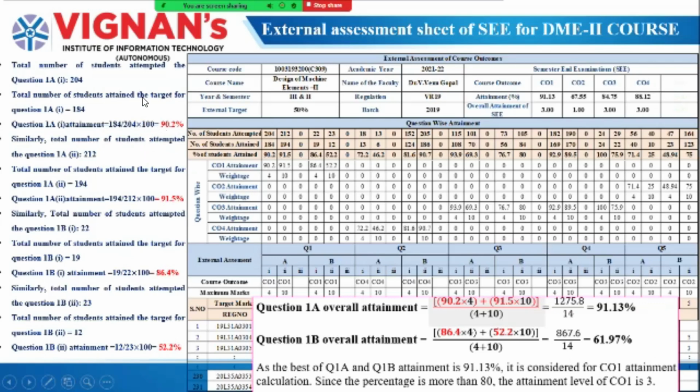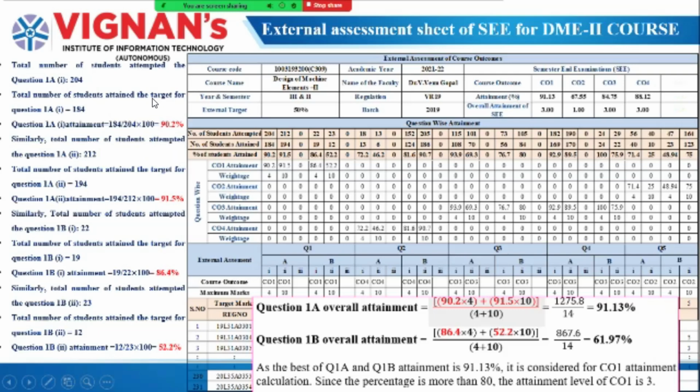This one, 91.5 percentage into 10. So 4 plus 10, the weightage, is 91.13 percentage. Similarly, 1B also comes under CO1. So only these two questions come under CO1.